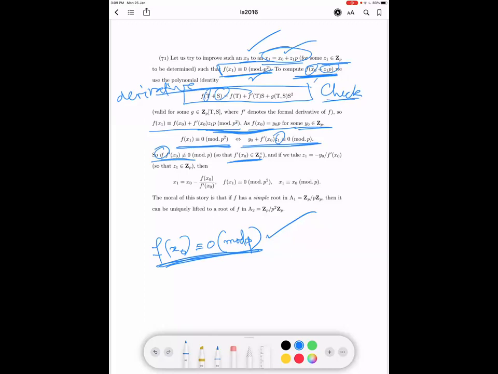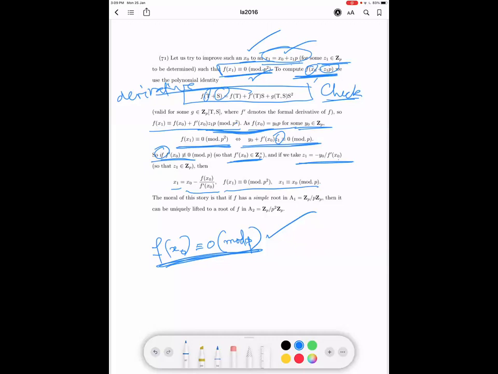So I can take z1 to be this. Then I'll take my x1 to be x naught plus z1 times p, but that turns out to be this, because z1 is equal to this. And then you check that f of x1 is going to be congruent to 0 modulo p squared, and x1 is going to be congruent to x naught modulo p.